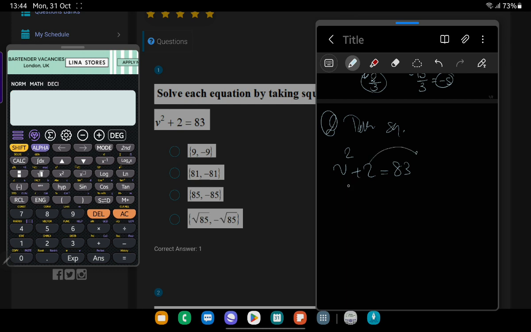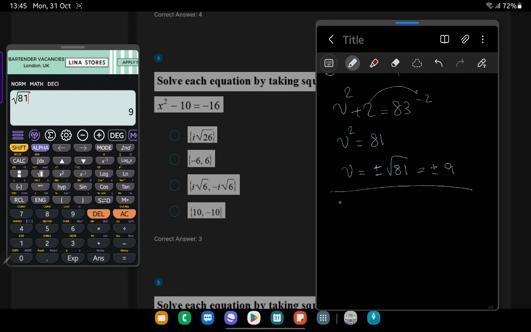So send the 2 to the right side. v squared equals 83 minus 2, which is 81. Then take the square root. When you take the square root of v squared, this will be v, but the answer could be positive or negative root 81. By calculating root 81, if you don't remember the square numbers, this will be positive or negative 9. So the answer will be the first one.